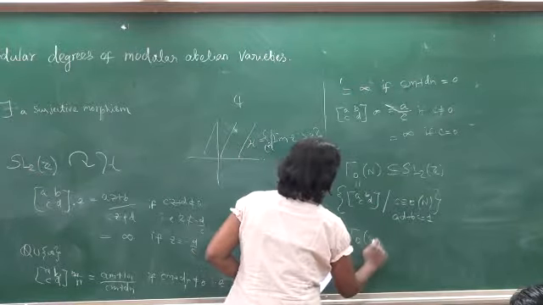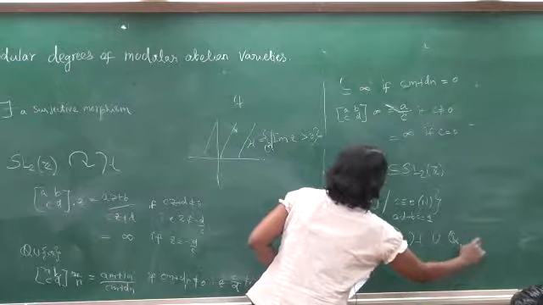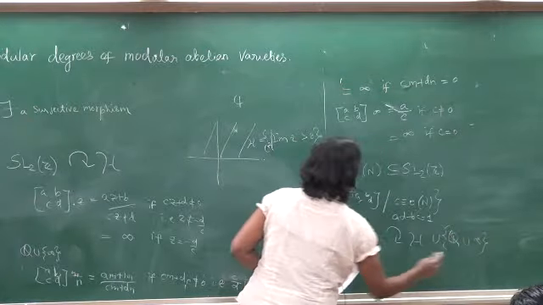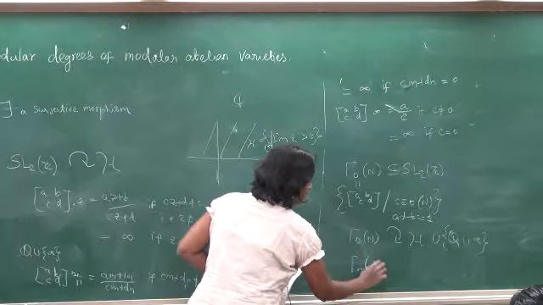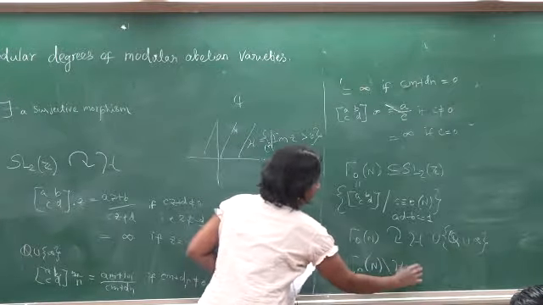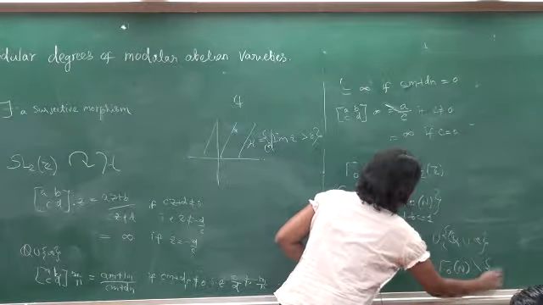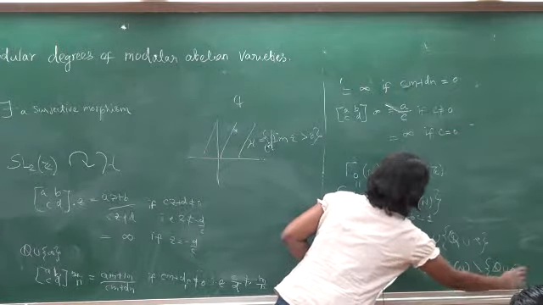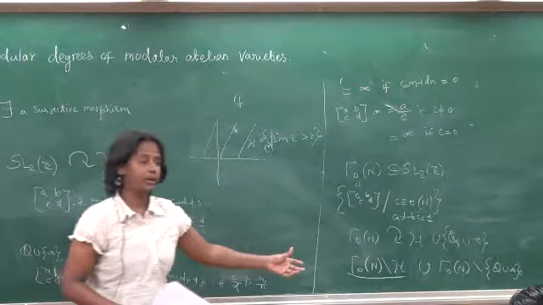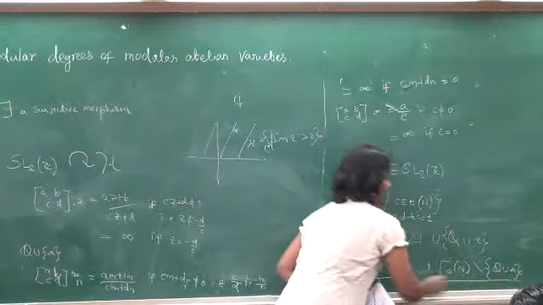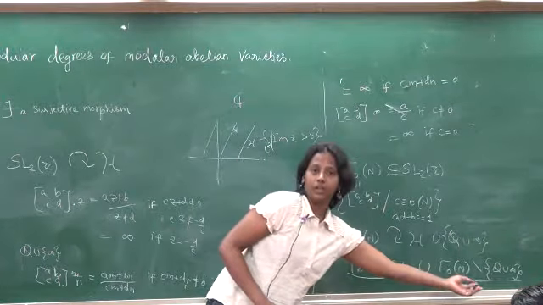So Gamma_0(N) acts on H union Q union infinity, and I can consider the orbit space. This is a compact Riemann surface. These points are called cusps.